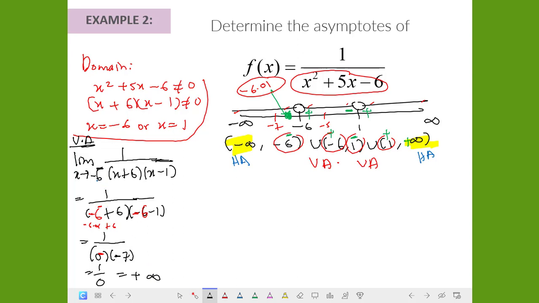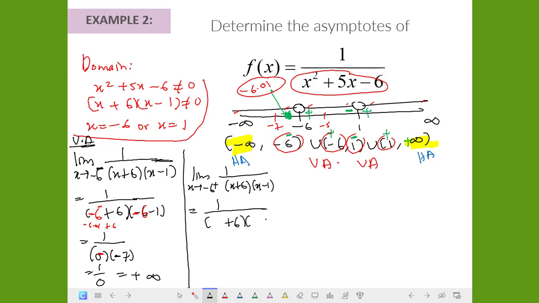Okay, that settles negative 6 from the left. Now find negative 6 from the right. 1 over x plus 6, x minus 1. Substitute the value, negative 6 from the right, and no need to write positive. Why?